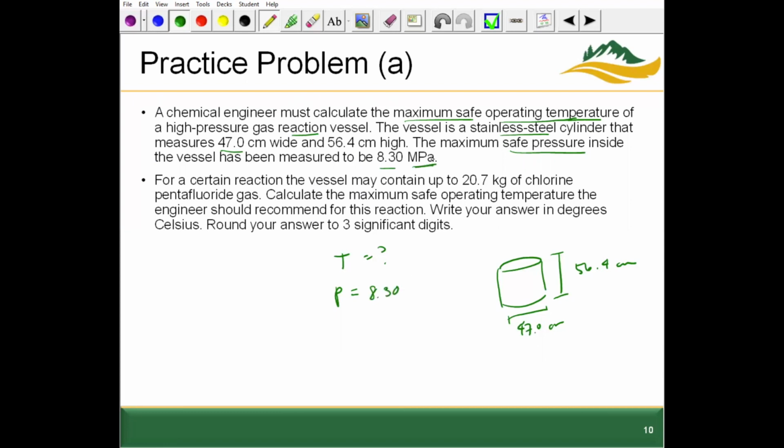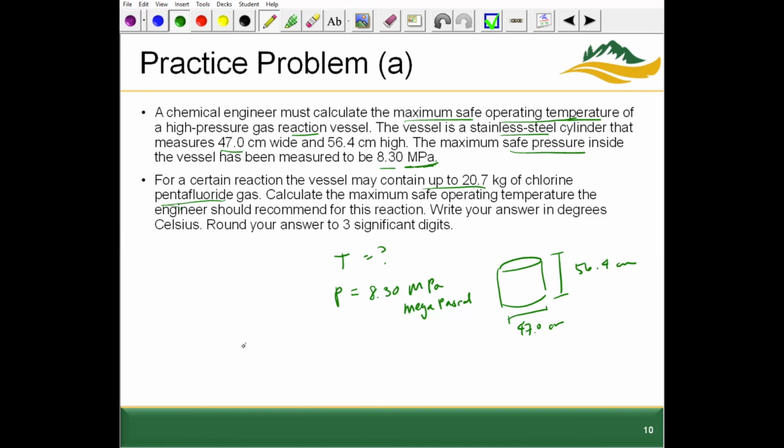What is this unit again for pressure? So that's Pascal, right? What is a capital M as far as prefixes go, back to chapter 1? So MPa is megapascal.